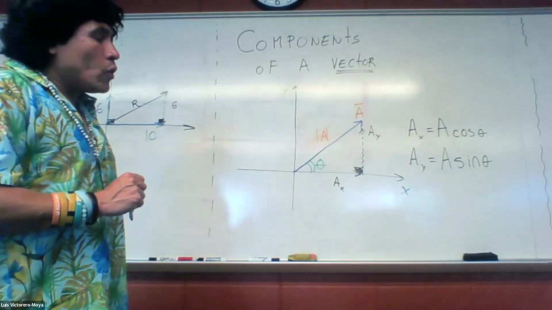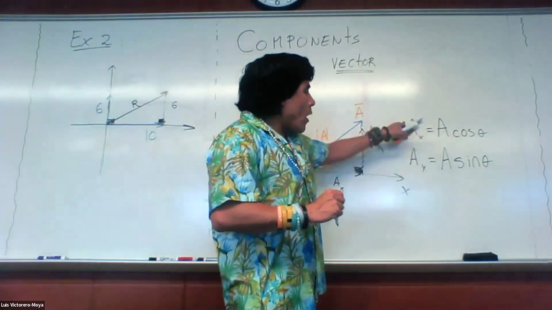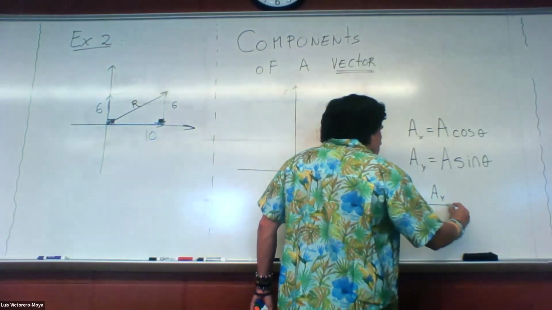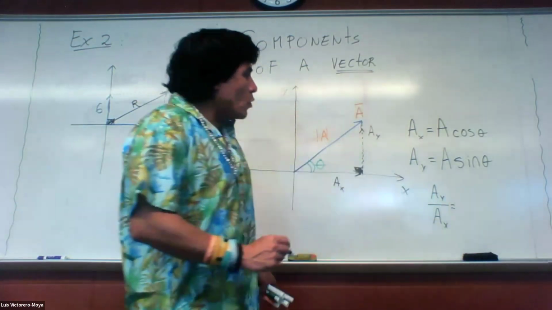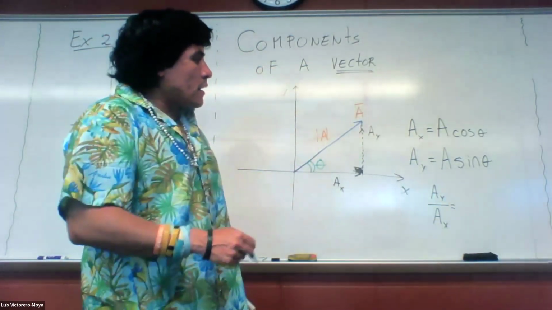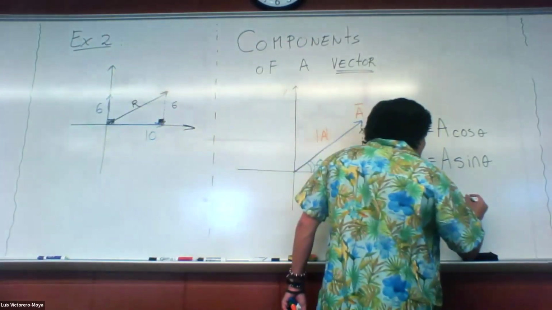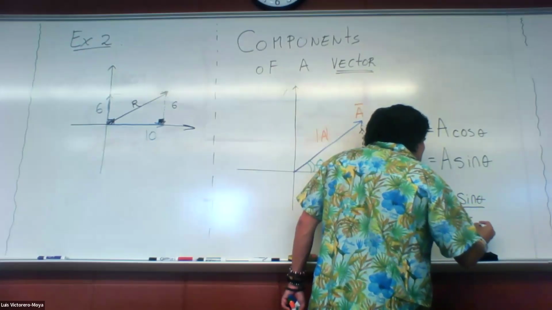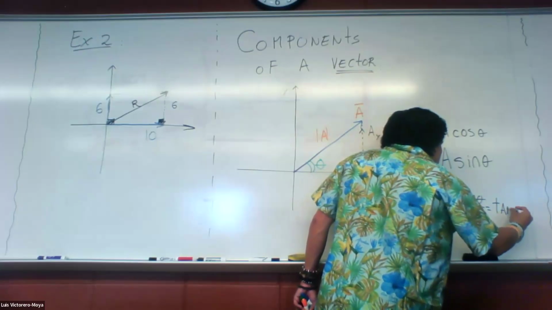You can also find the angle theta if you divide AY over AX. If you divide those two, A will cancel, you get sine over cosine. That's tangent of theta.